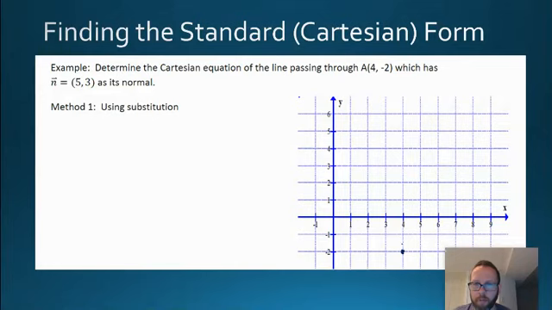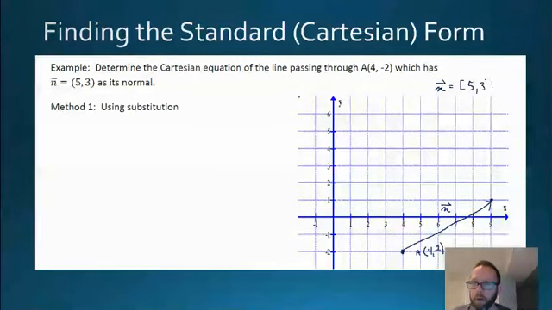So from there, right 5, up 3. I'll draw that in. So we know that's our normal. This is the point A, (4, -2). And if we want to, we can even sketch out the rest of this line.